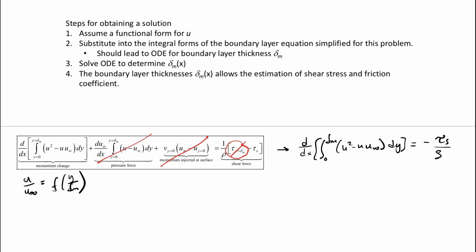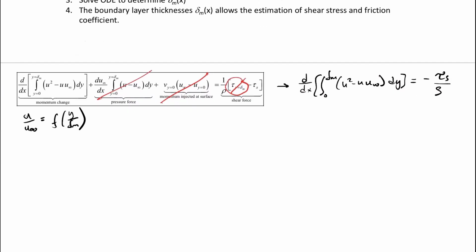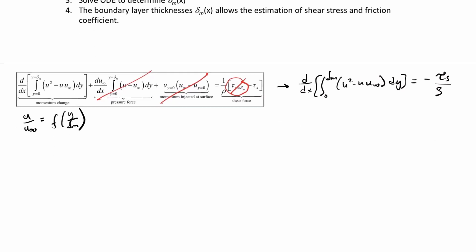So what we're going to do is list out some things we want this to accommodate. Our conditions are going to be: 1, let's enforce no slip. So that's going to say u at y equals 0 is equal to 0.